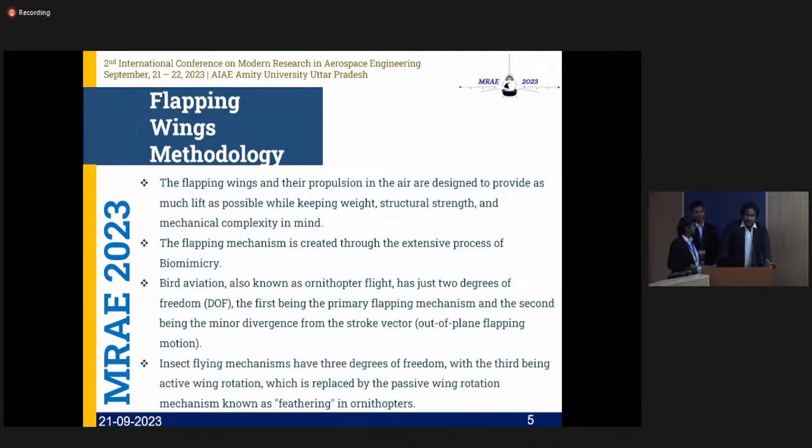We have said that we have tried to mimic the birds in nature, called biomimicry. Biomimicry plays a crucial role in this process. Instead of reinventing the wheel, we just try to copy whatever there is in nature, and we are trying to design it.